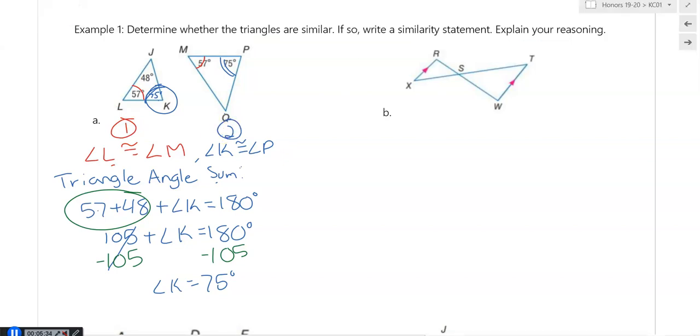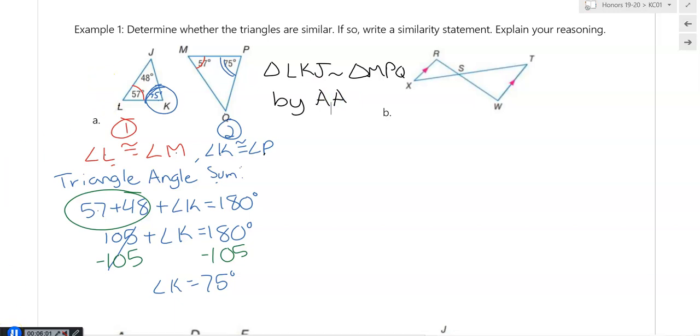I have my two angles, so I can say triangle LKJ is similar to triangle MPQ. And then I always want to say bi-angle angle. Okay? Alright, let's look at our next one.